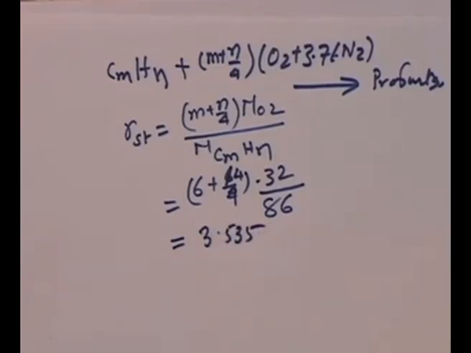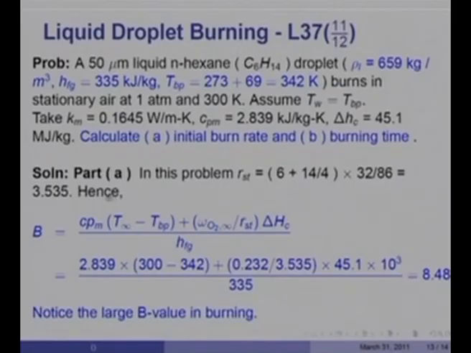So, if you look at this, then B itself would be Cpm into (T infinity minus T boiling point), because Tw is equal to T boiling point, plus omega O2 infinity Rs divided by Rst del Hc, divided by latent heat.